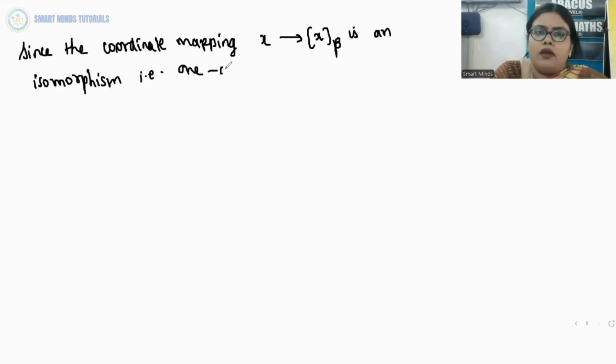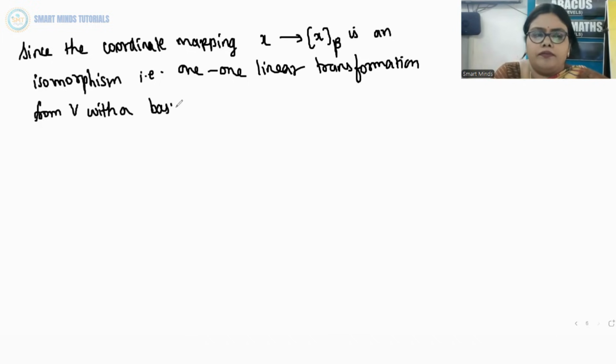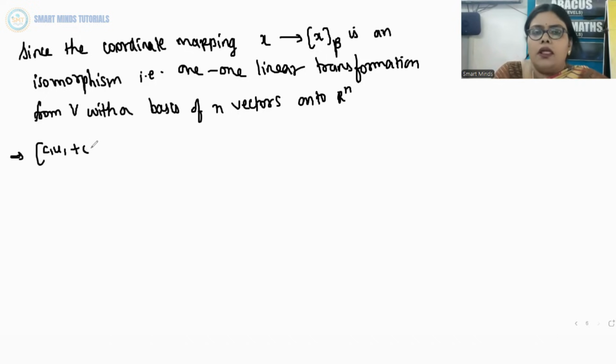That is 1-1 linear transformation from V with a basis of n vectors onto R power n. That means C1 U1 plus C2 U2 plus so on up to Ck UK of beta is equal to 0.